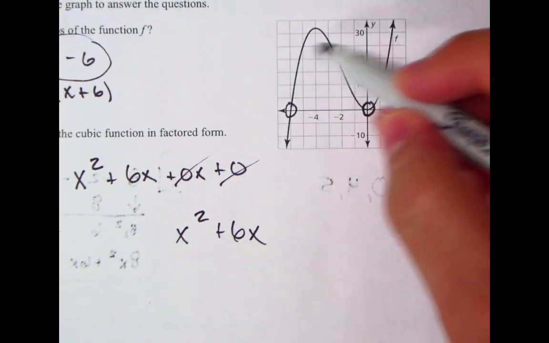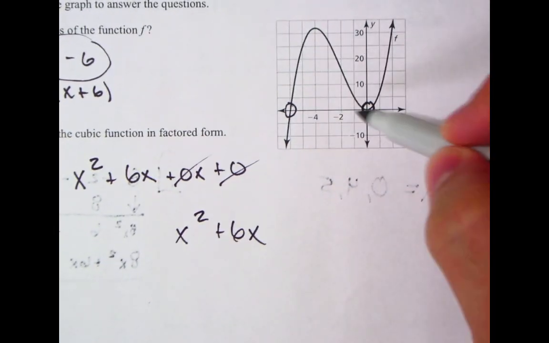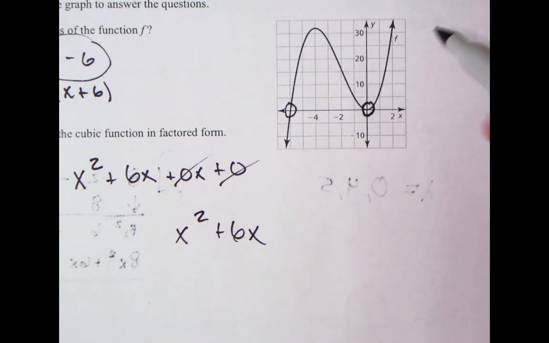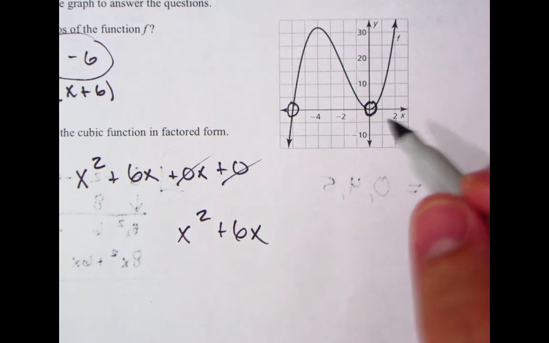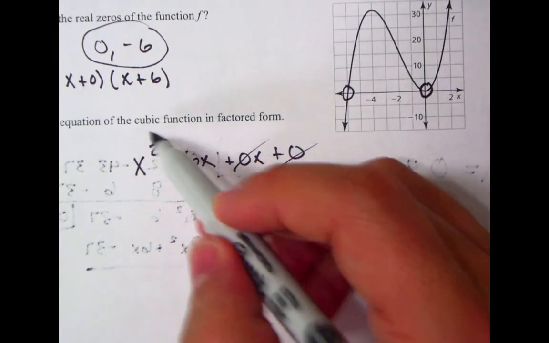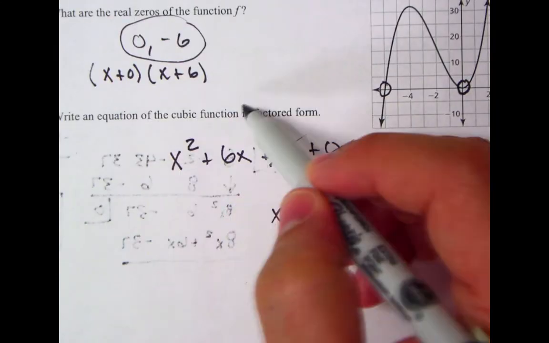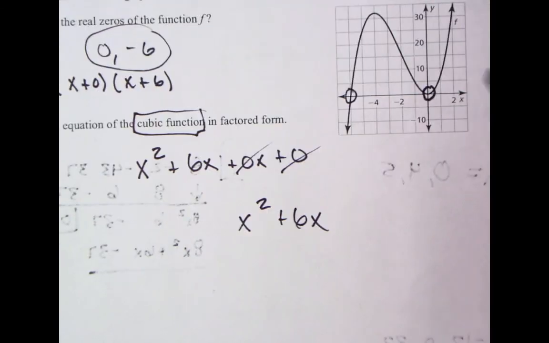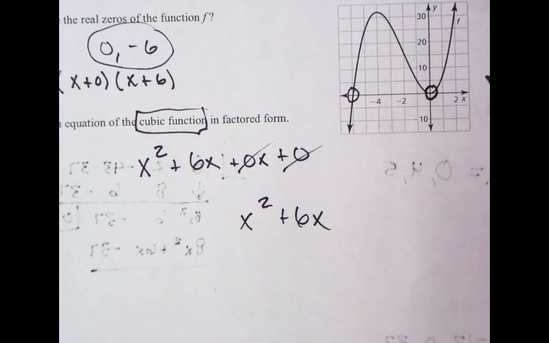Now one thing we have to take into account here: this is a cubic. And you might be like, Mr. G, how do you know this is a cubic? Well, because I'm telling you that it's a cubic. It says here in the problem to write the equation of the cubic function, which means that this has to be an x to the third.